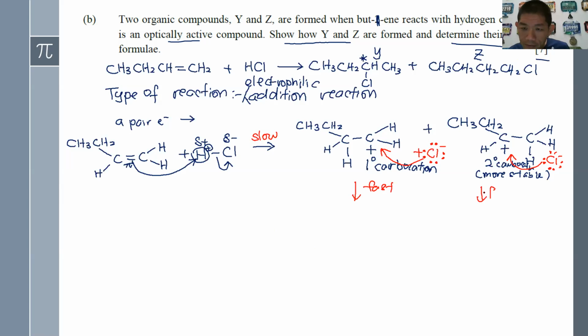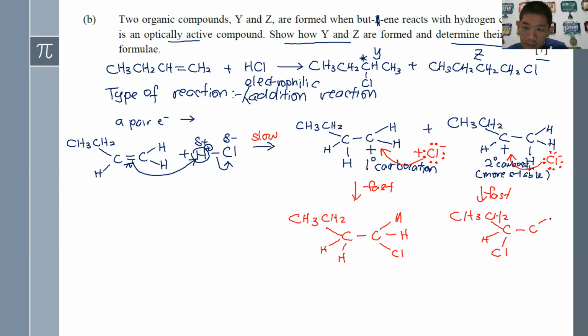Your product in here is CH3, CH2, C, H, H, and then C, H, H, Cl. Whereas for this one, you have CH3, CH2, C, H, Cl, and CH. If possible, you mark this carbon as a chiral carbon atom once more.